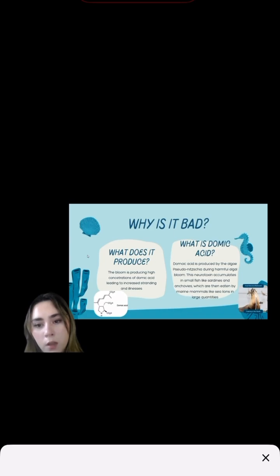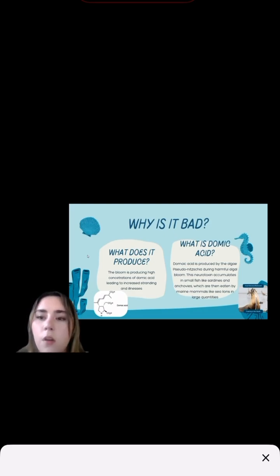The neurotoxin accumulates in small fish like sardines and anchovies, and it can accumulate in shellfish as well, like lobster, shrimp, snails, and all of that. And then marine mammals like sea lions and dolphins start to eat them, and that's why they get sick.